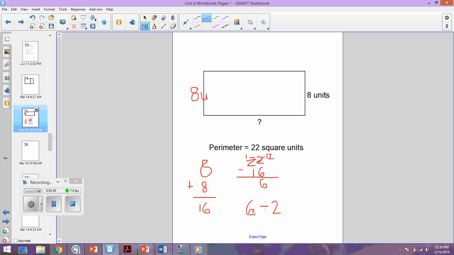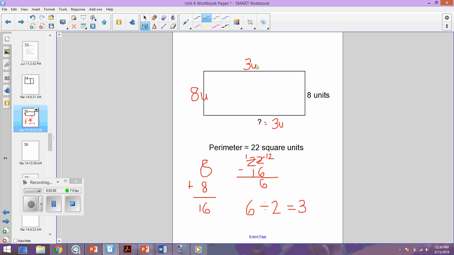If I have 6 and I need to split it in 2 parts, each part is going to be 3. This is 3 units, and that means this is 3 units.